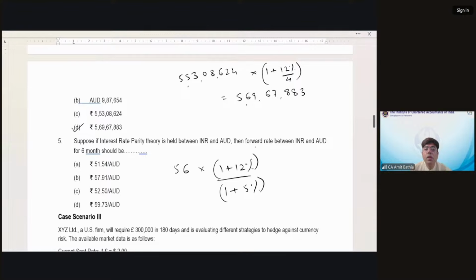Are you with me? This will be 1 plus 12% divided by 2, over 1 plus 5% divided by 2. So in other words, it will be 56 into 1.06 upon 1.025. So this will come to 57.91, which is option B over here. All right, getting it, everyone?